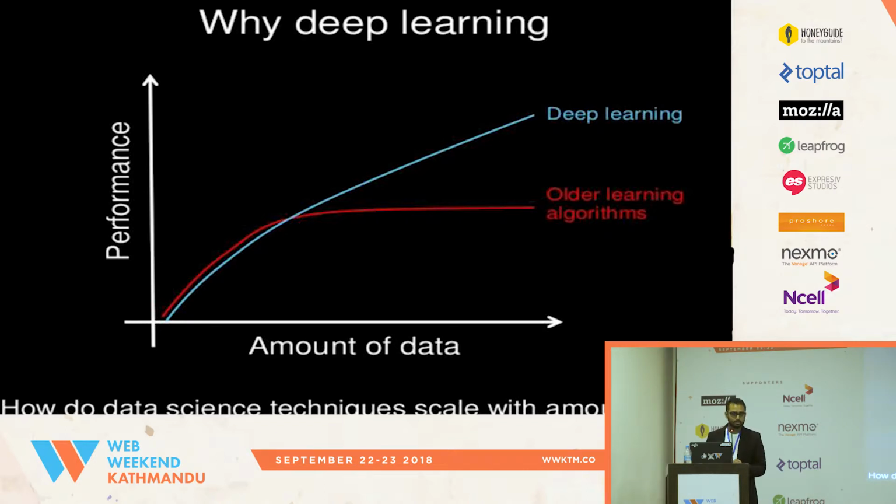Talking about scalability, whenever older or classical machine learning algorithms fail to perform at a higher data volume, deep learning shines there. This is the reason why big companies like Google, Amazon, and whatnot have been using these state-of-the-art technologies.